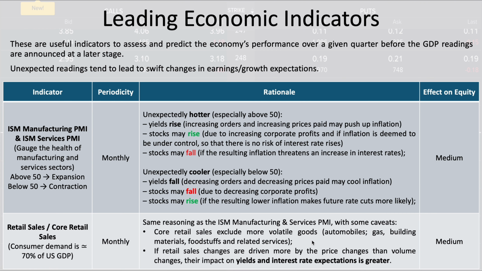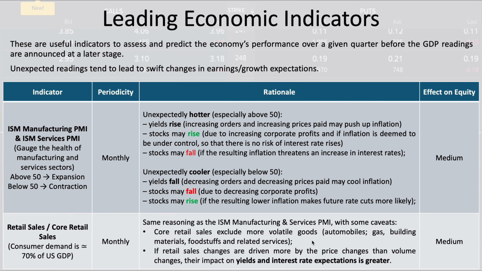But of course, it always depends on the context and what the market is valuing more: the impact on inflation, or the impact on consumer demand. It depends on what the market is valuing at the moment that this information is released.